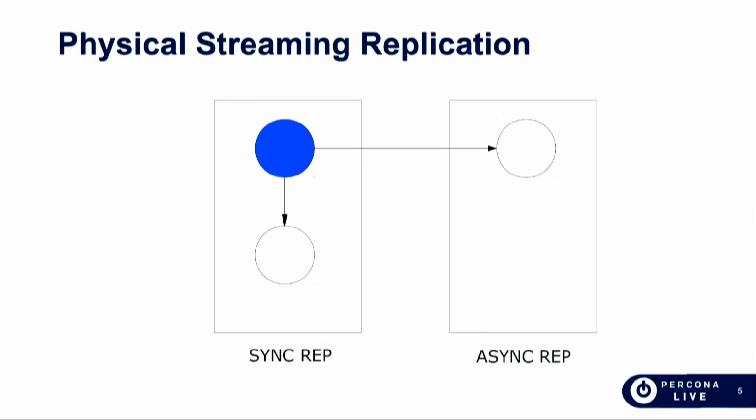We do also support something called logical replication, which is much more similar to MySQL replication, and that's why we use the terms logical and physical. So physical is sending the exact transaction log onto subsequent servers. We use the term streaming because that's done in real time.